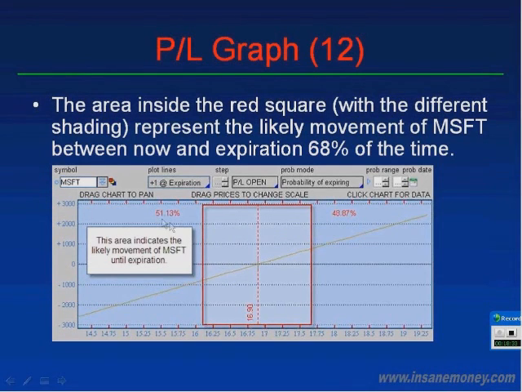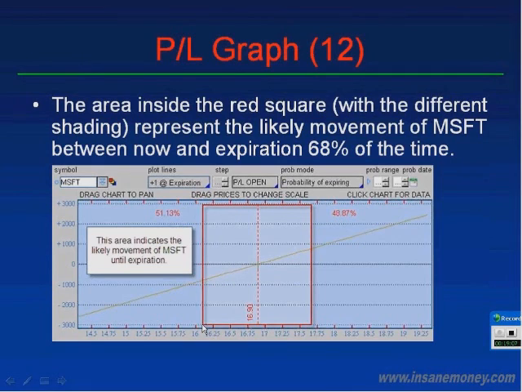We talked a little bit about probabilities, you know, this 51% below and 49% above. Well, this light blue shaded area in the center is indicating a 68% likelihood of the movement of Microsoft being contained within that area, okay? So that means 68% of the time from now until expiration, the price of Microsoft is going to stay within this area.